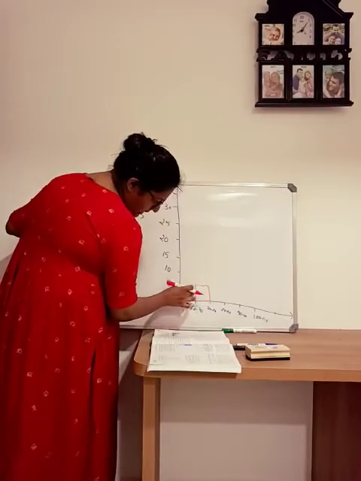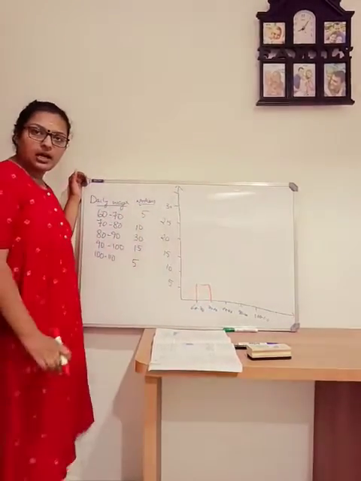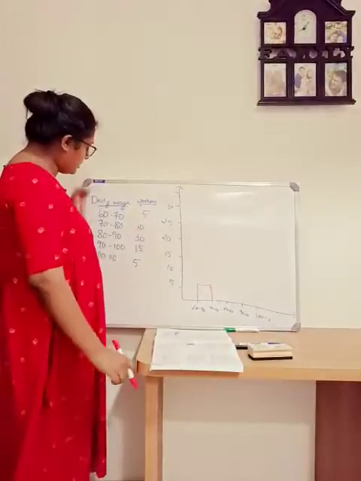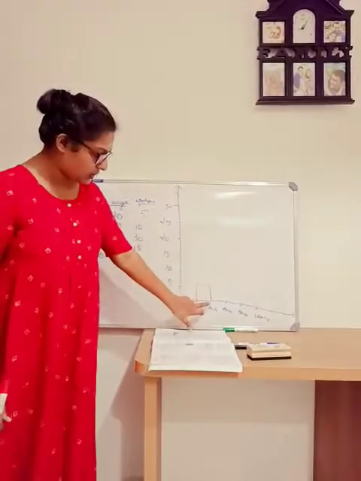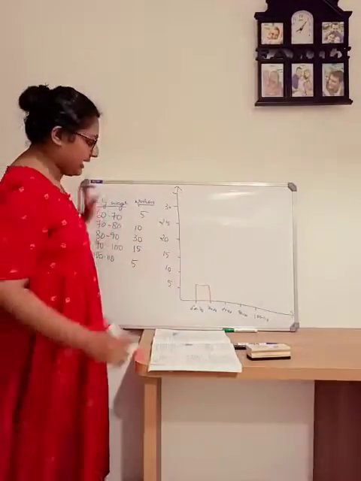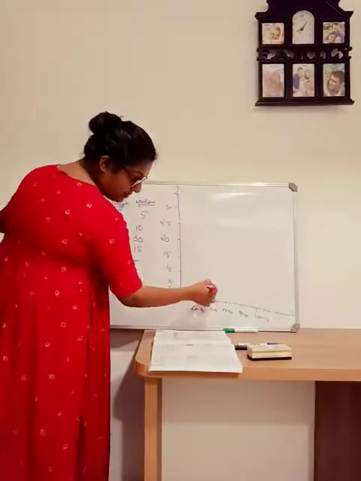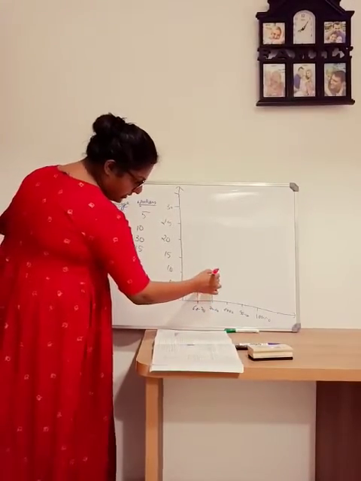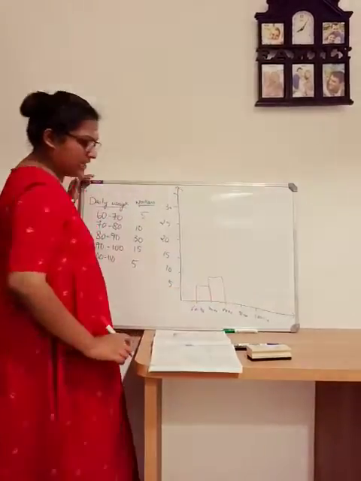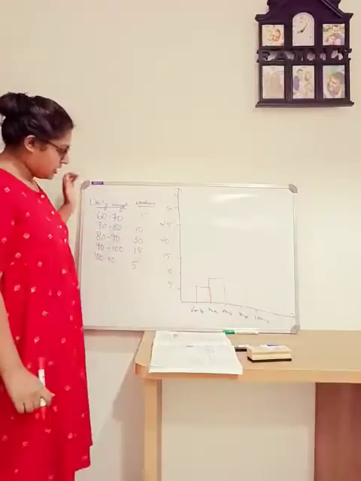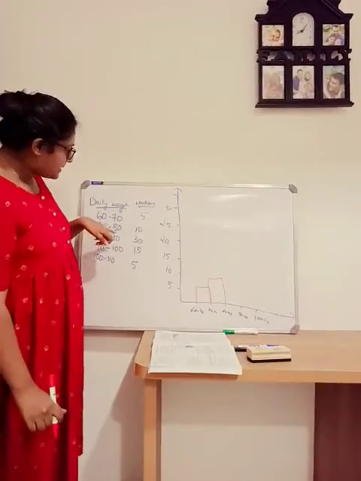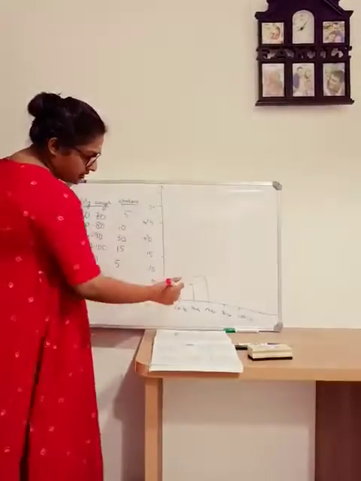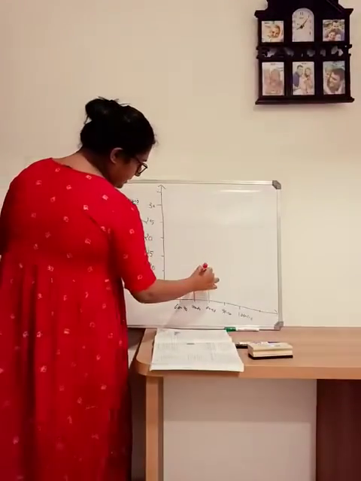There should not be any gap in between. Understood? Next, 70 to 80: we have to take 10, and you extend it to the next class. Next, 80 to 90 is 30.